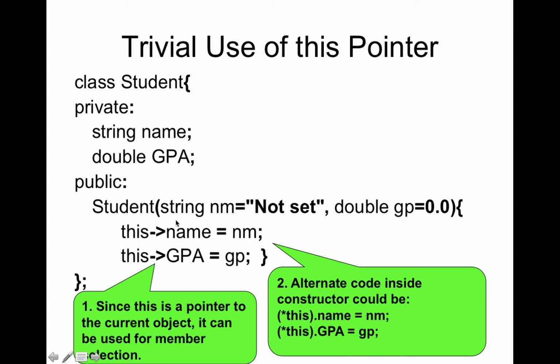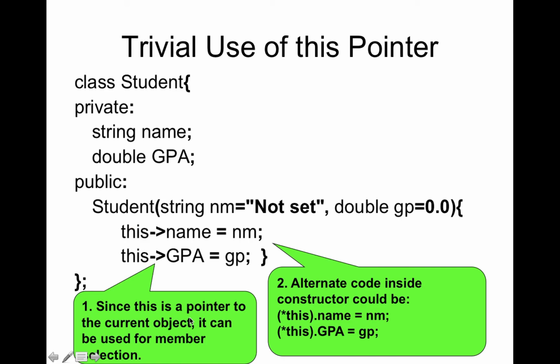And you can write an alternate code, although it's a bit of a hassle. Alternate code for this arrow name will be asterisk this parenthesis dot name and set it to nm. And alternate code for this arrow GPA will be asterisk this parenthesis dot GPA equal to GP. And of course, since this is a pointer to the object itself, it can be used for member selection.